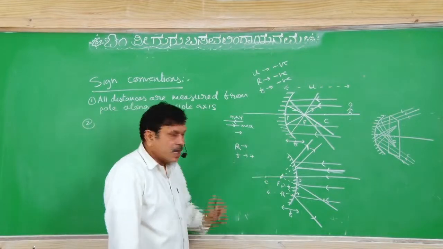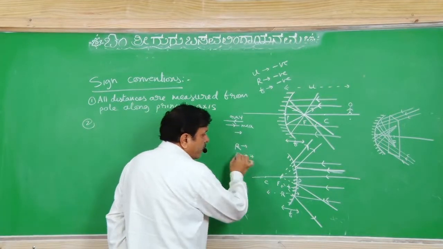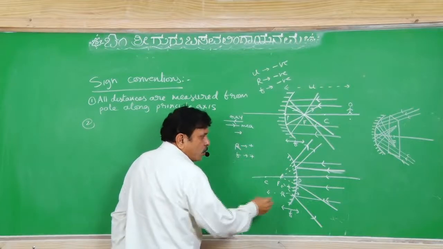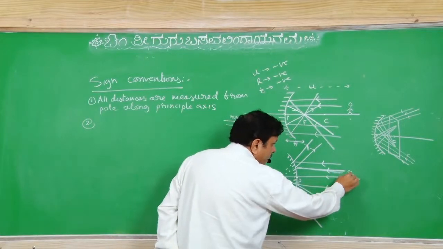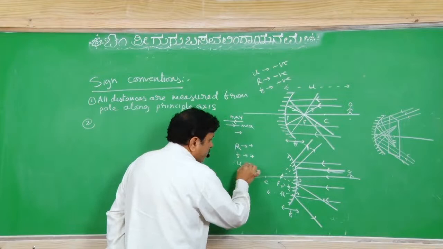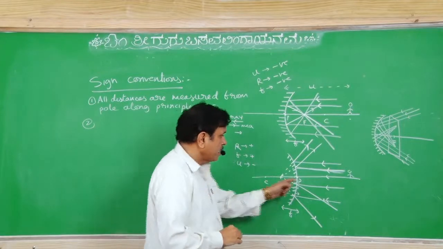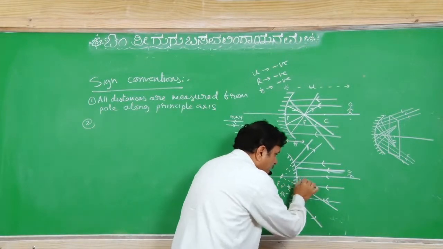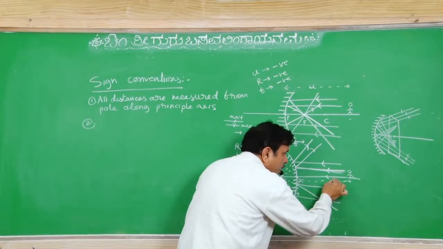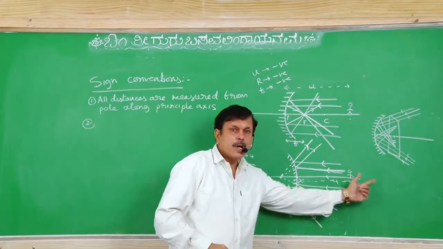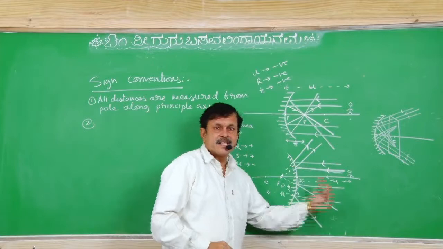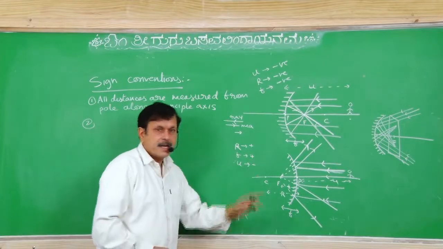And for a convex mirror, R will be positive, F will be positive, and the object is over here, then U will be negative, because to measure the distance from here to here, we have to go from the pole to this side, in the opposite direction of the incident ray. That's why it should be taken negative.